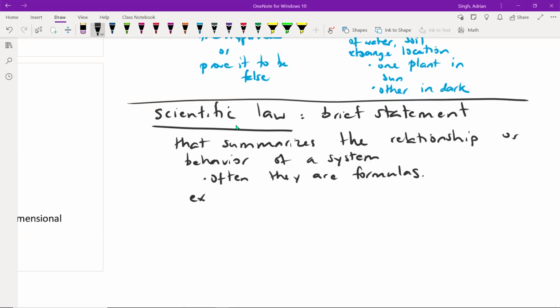And often scientific laws are named after people who developed or realized the relationship or the behavior of a system. So for example, when it comes to gases, there's a law called Boyle's law.